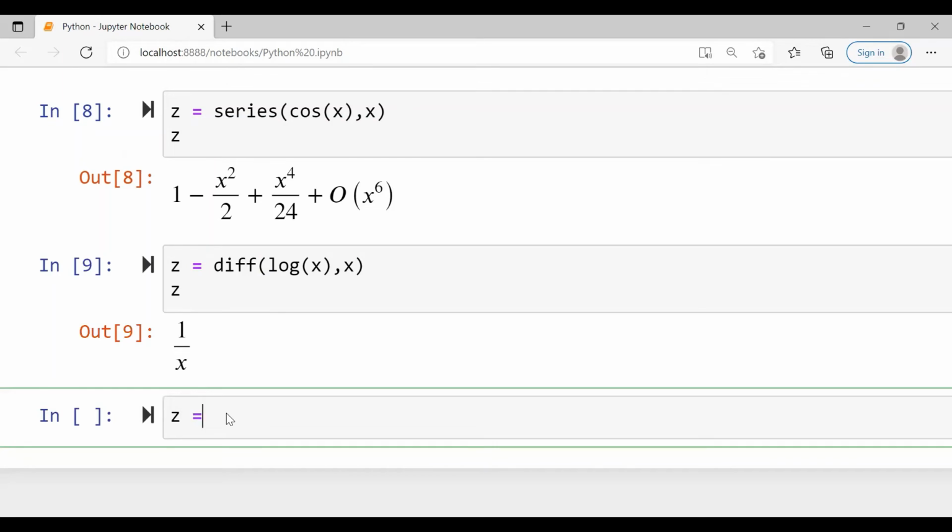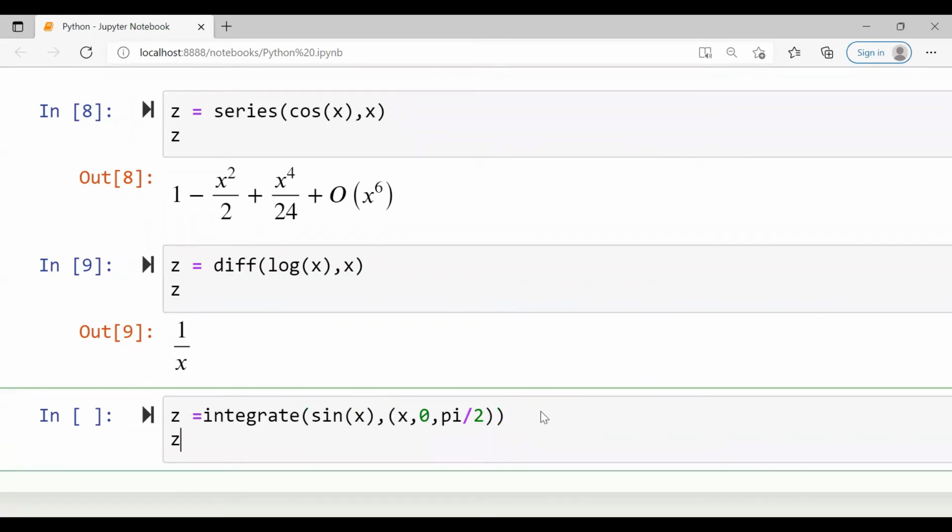Now we can also find z is equal to integration. We'll integrate sin x, sin function, sin of x. Now we have to give the limits, right? So as x goes from 0 to pi by 2, pi is also used when we use the symbol pi by 2, 0 to pi by 2, and find that in the result.